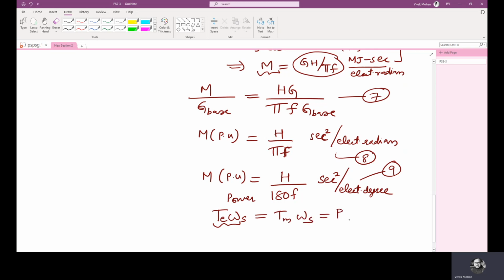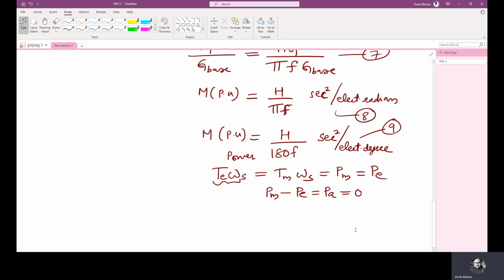That is PM equals PE. That means PM minus PE is the accelerating power. Accelerating power is 0 at steady state, so PA equals 0, right?